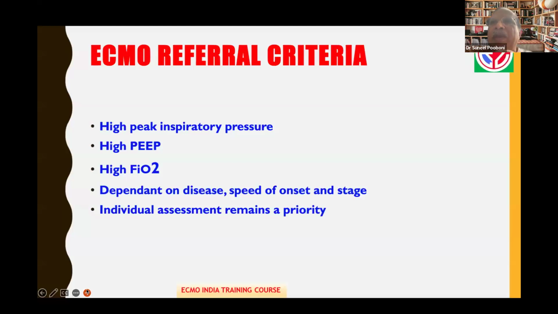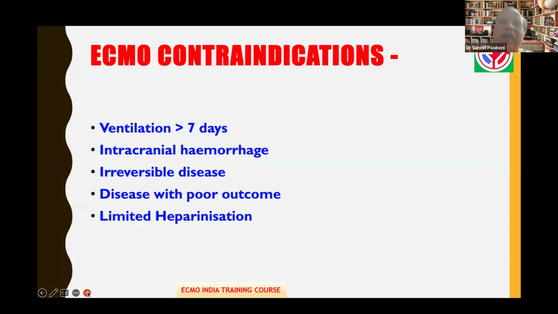By this, what I mean is if the patient has been in ECMO for 20 days and the settings have been very high for the past 2 or 3 days, you consider these 2 or 3 days as the indication for ECMO referral criteria rather than the entire period of 20 days. It depends on the disease, speed of onset, and the stage also. Individual assessment remains a priority with this.